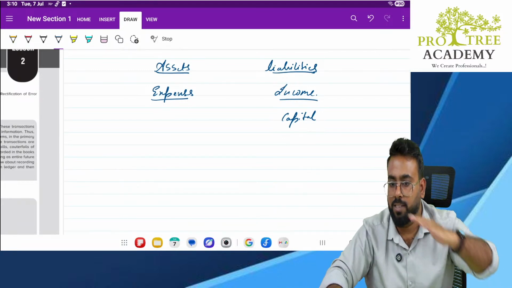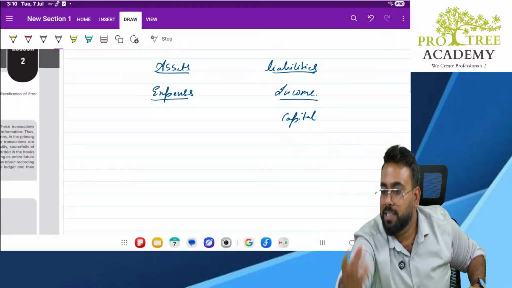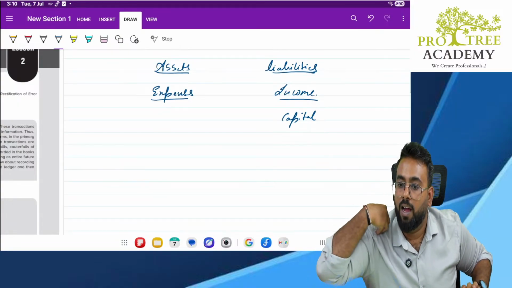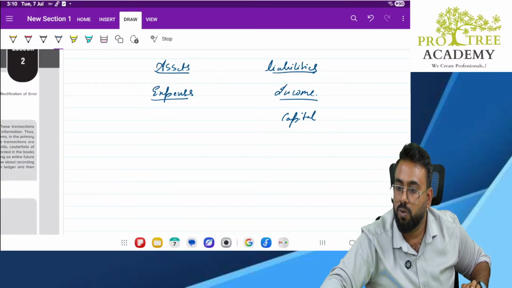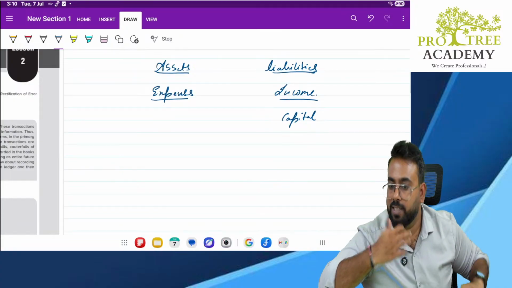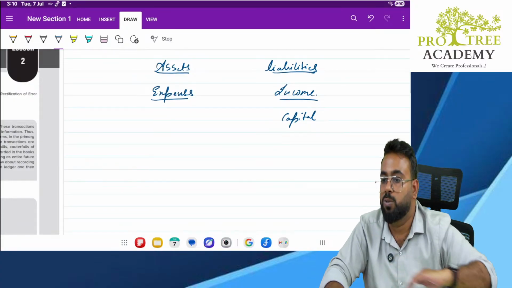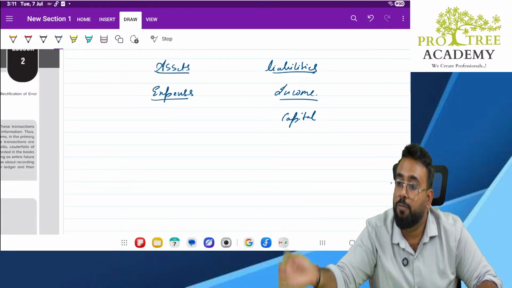Now first let's understand the first part: outflow of economic benefit. When I am paying salary, is my cash or bank going out? Yes or no? So economic benefit is going out. Correct? Now come to the second part. You said excluding outflow of economic benefit by way of distribution.